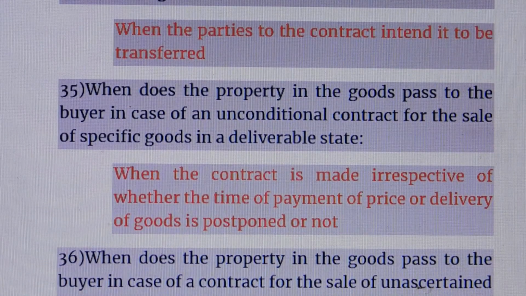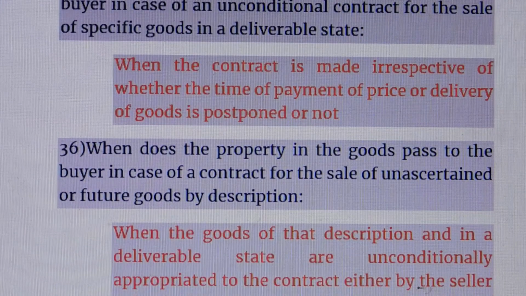When does the property in the goods pass to the buyer in case of an unconditional contract for the sale of specific goods in a deliverable state? Answer is when the contract is made irrespective of whether the time of payment of price or delivery of goods is postponed or not.